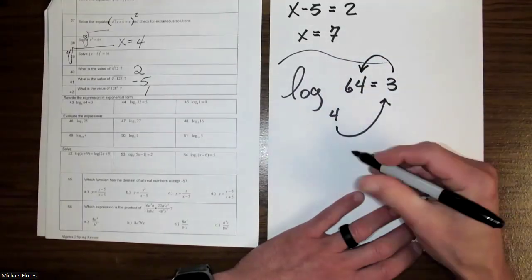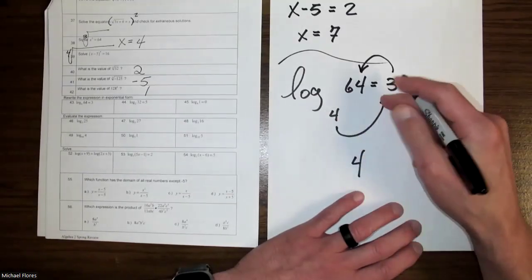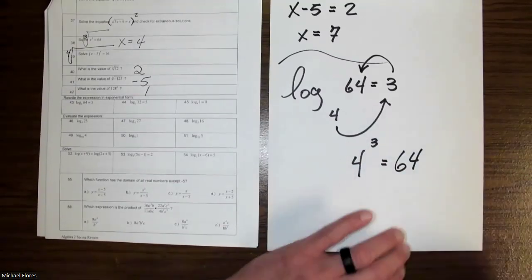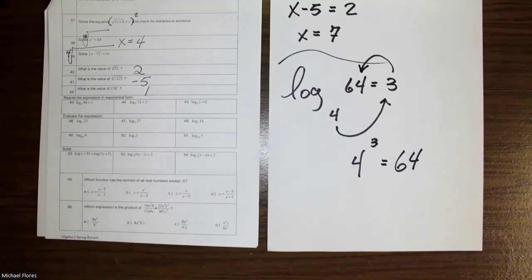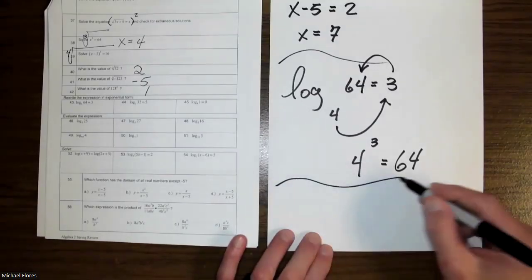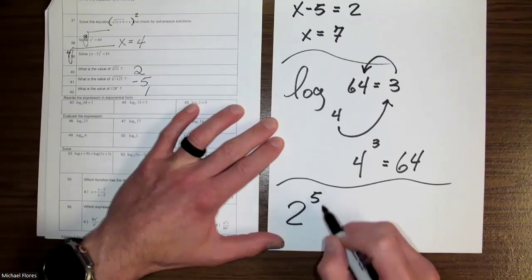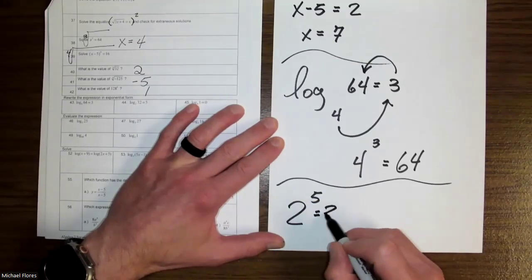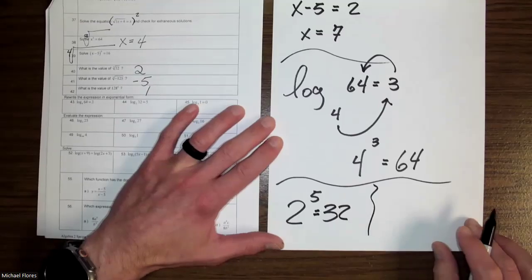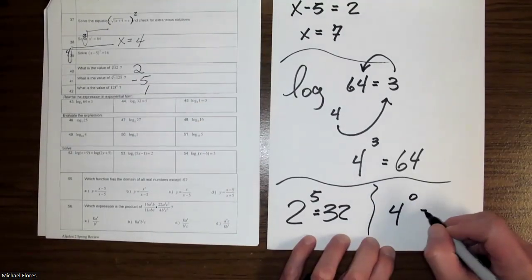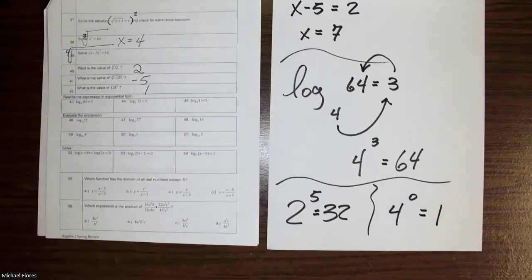So here it is, 4 raised to the 3rd power equals 64. And if you follow that exact same pattern for examples 44 and 45, that would give you these answers. So for 44, it's going to be 2 to the 5th power equals 32. And for 45, that would be 4 to the 0 power equals 1.